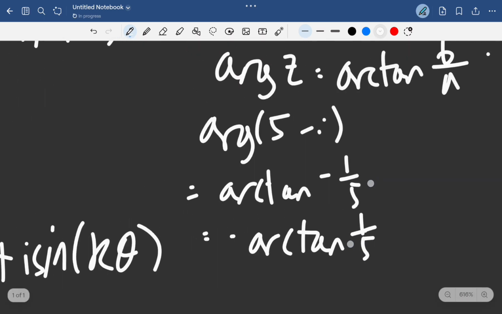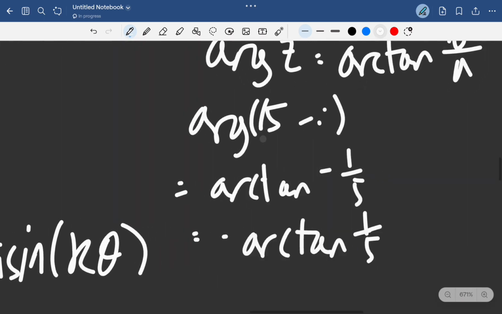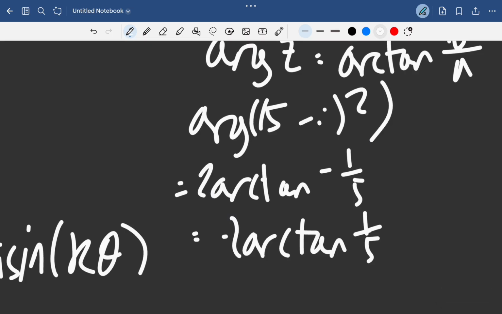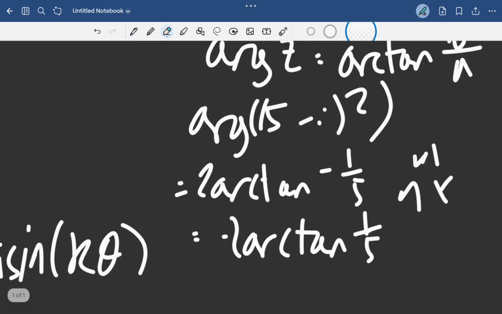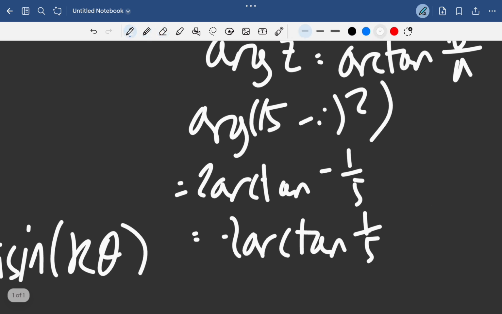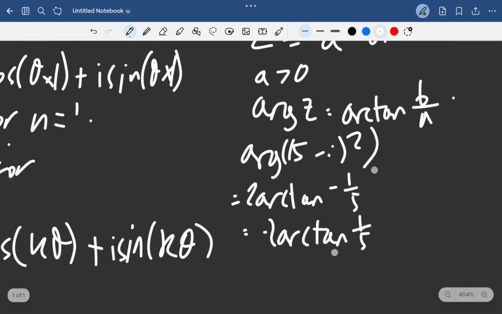So that means that the argument of 5 minus i squared is minus 2 arctan of 1 over 5. Because when you square a complex number, or raise it to any power n, you multiply the argument by n. I'm not sure if that's true for non-positive integers, but yeah. So, this is good.